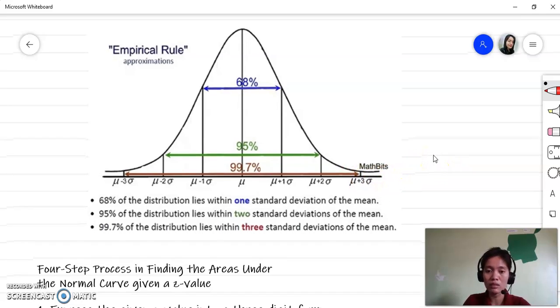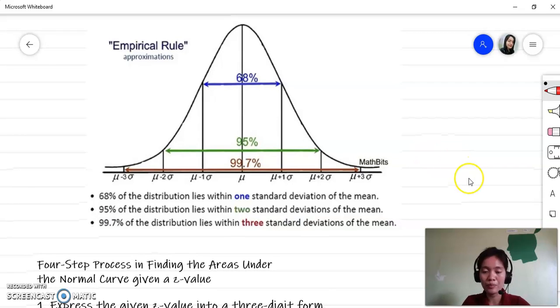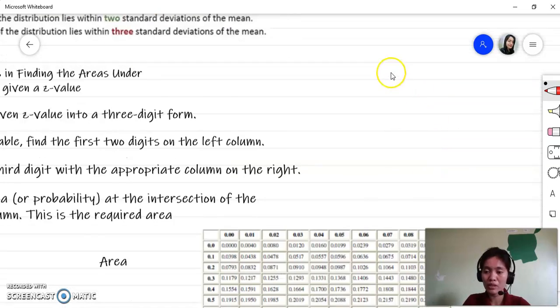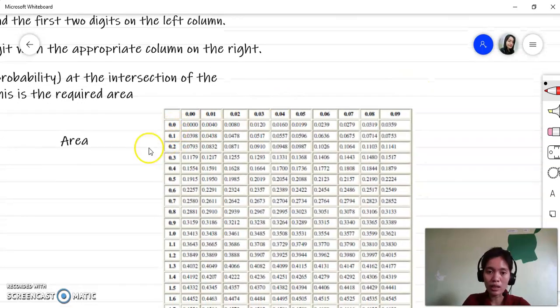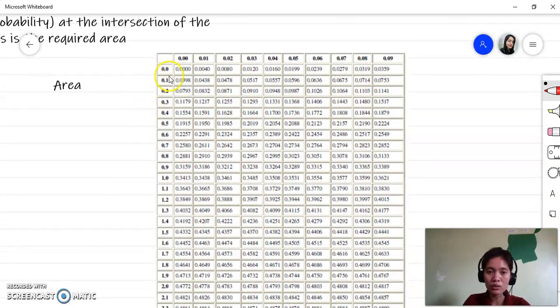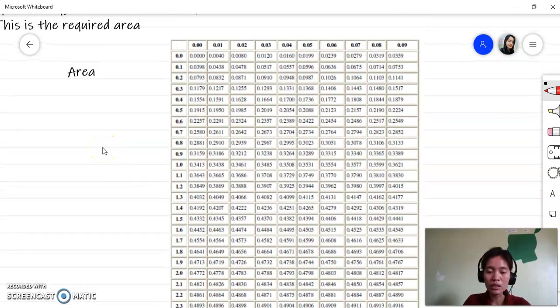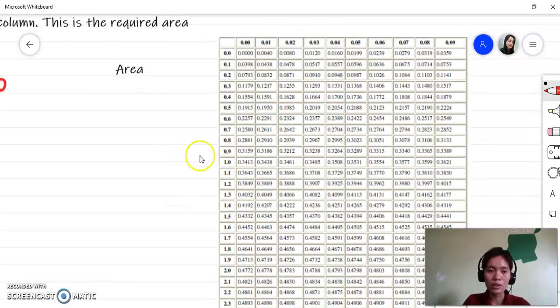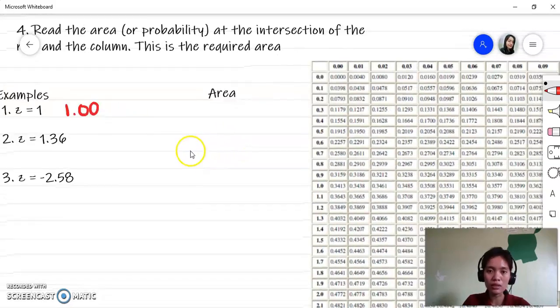They are symmetrical, which is why there is no z-table with negative values. If you have a negative z value, say z equals -1, the area is the same as with z equals 1. So let us find the first two digits.